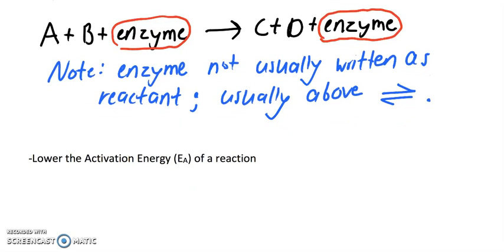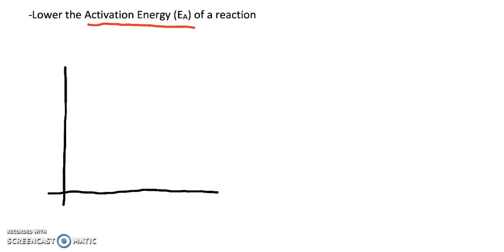Okay, so on a different level, we can say the enzymes lower the activation energy of a reaction. So let's diagram what that means exactly. So on the x-axis, we'll say reaction progress, not exactly time.